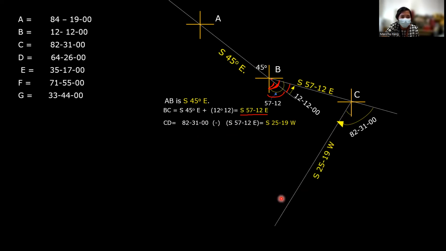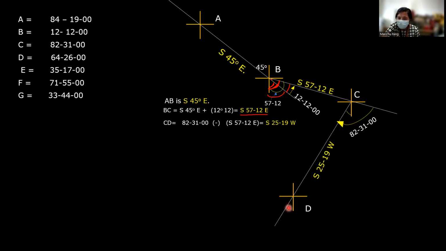So from C to D, yung deflection angle natin is to the left. So same yung direction, so clockwise. For D, 64 degrees 26 minutes. So from here, if this is 25, right? This is 25, therefore this is also 25, and this also is equal to 25.